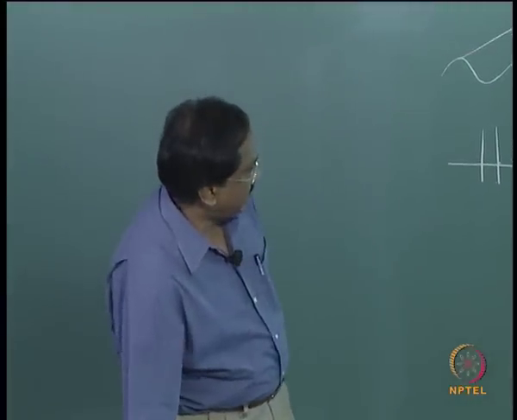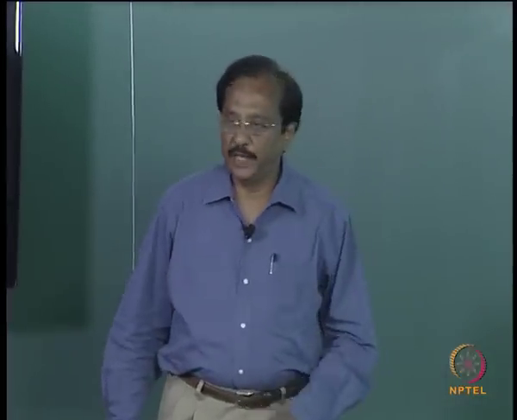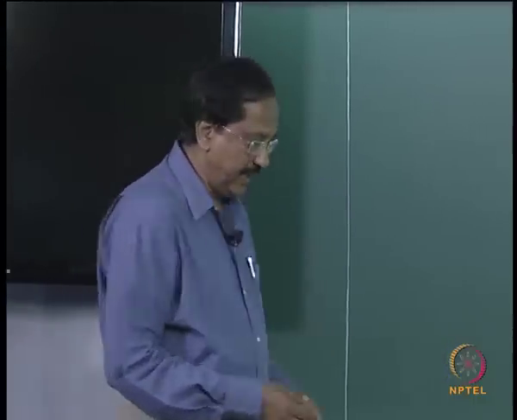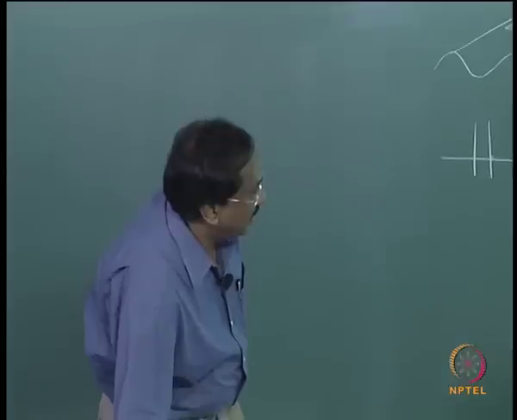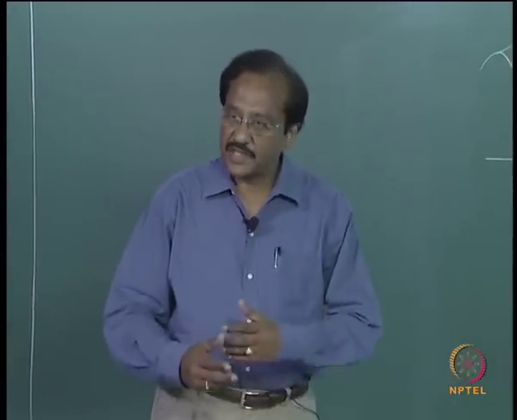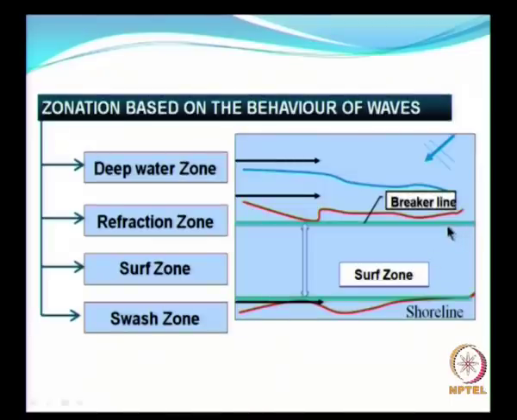So, once the waves undergo refraction, although I have written it as a breaker line, it is actually a zone where you see the waves breaking. As I said earlier, the waves start feeling the bottom, attenuation is being offered, and then the waves start steepening somewhere close to the breaker zone, and the waves break. So, when you stand on the shore, you see the waves breaking.